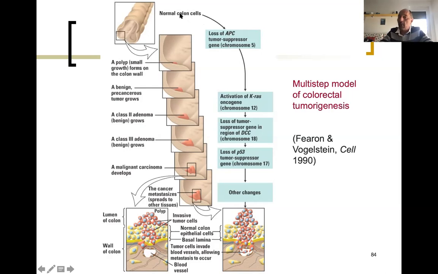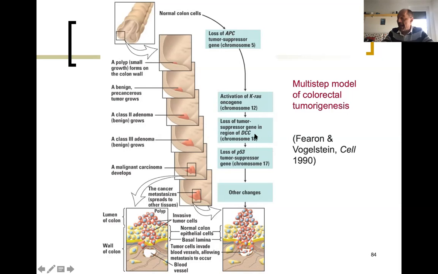So you start from normal, then you lose the APC on chromosome 5, and you have a polyp. But a polyp becomes a class 2 adenoma, so grows a little bit, only when you also have activation of KRAS. Now, this is not a tumor suppressor gene. KRAS is a known oncogene on chromosome 12.